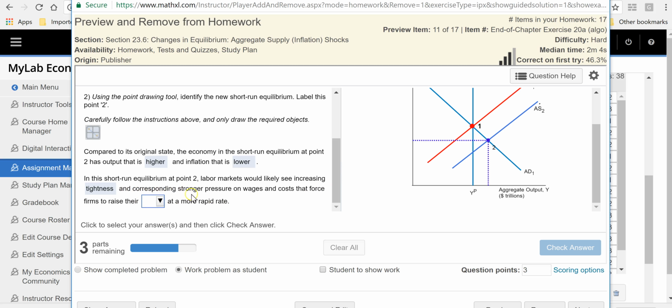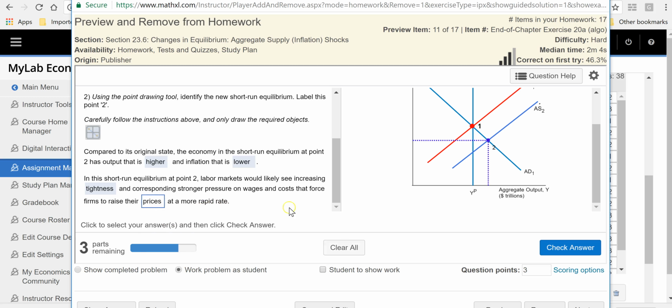And corresponding stronger pressure on wages and costs that force firms to raise their. So as we just said, the firms will face the pressure to increase their wages. And because wages are part of the cost for a firm, the cost of the firm will increase. And in order to maintain the profit, the firms probably have to increase their price, right? The price to raise their price at a more rapid rate.